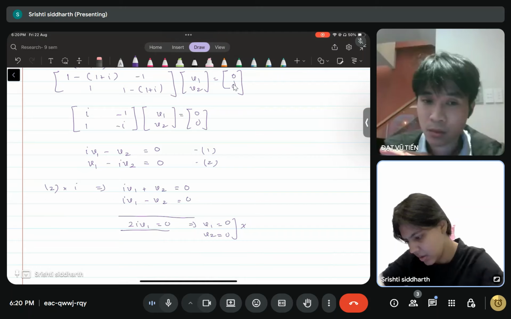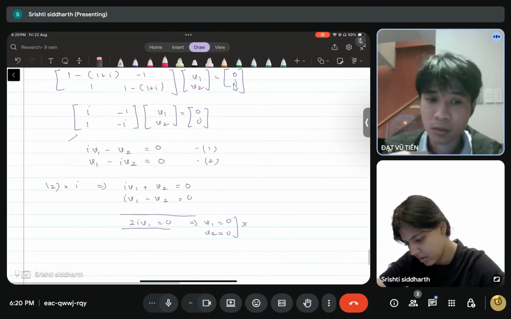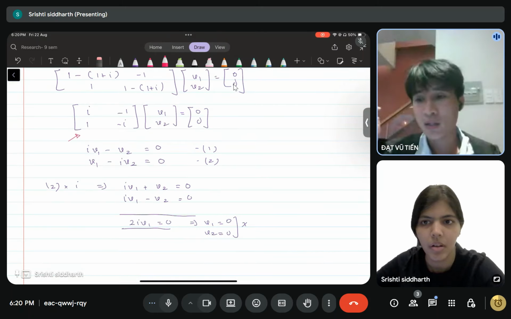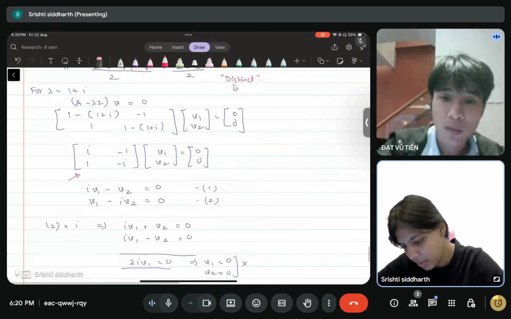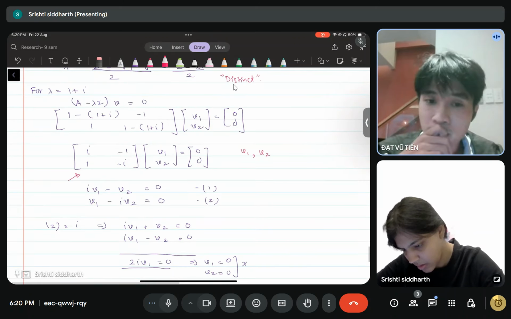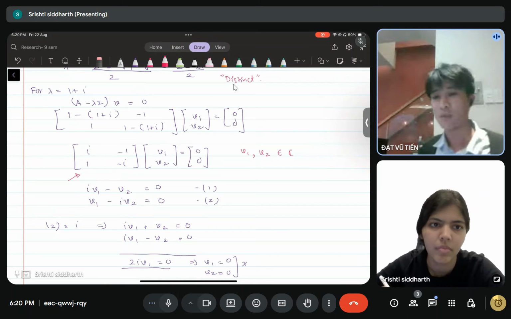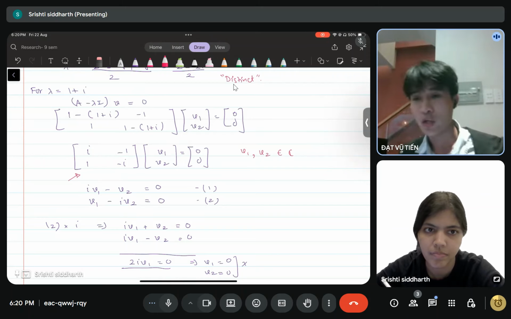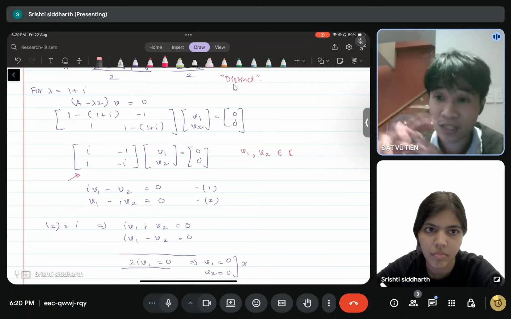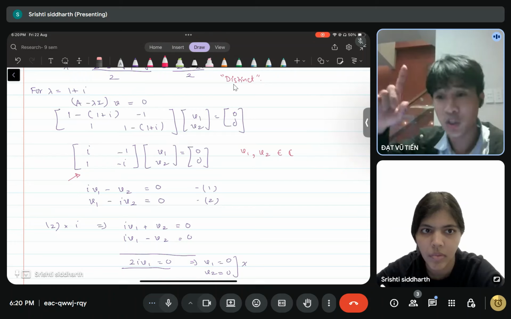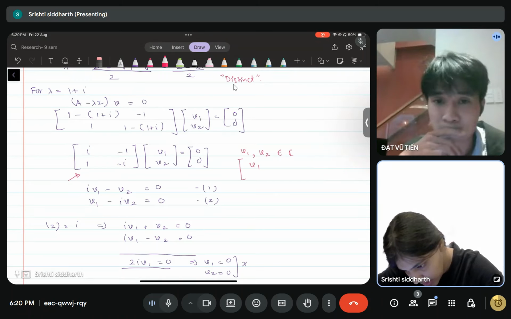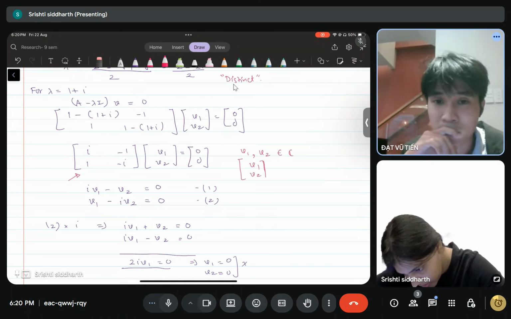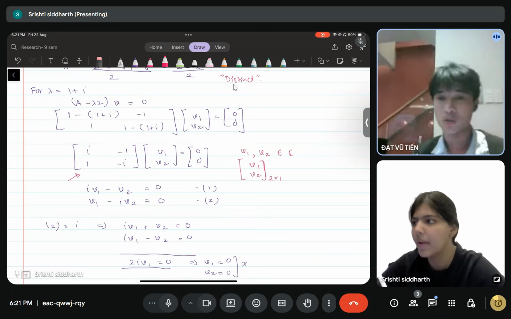V1 and V2 can be any complex numbers. This is a 2 by 1 vector.